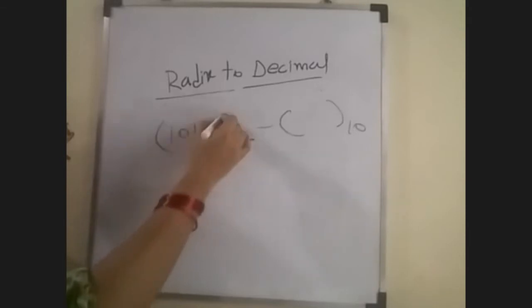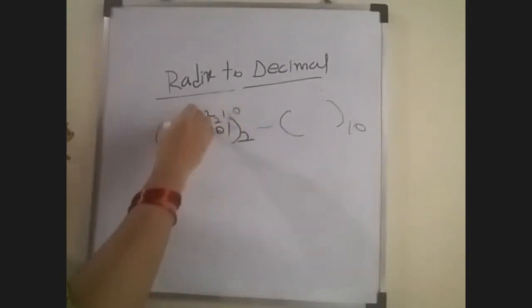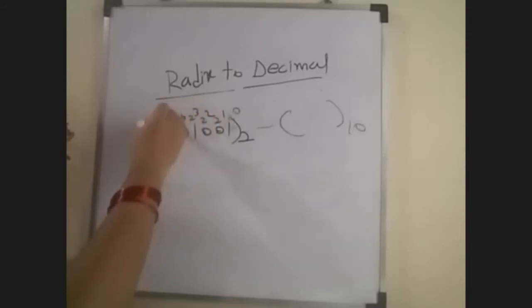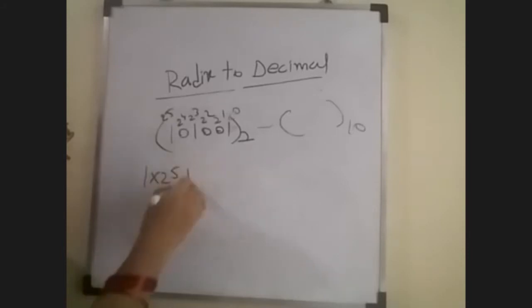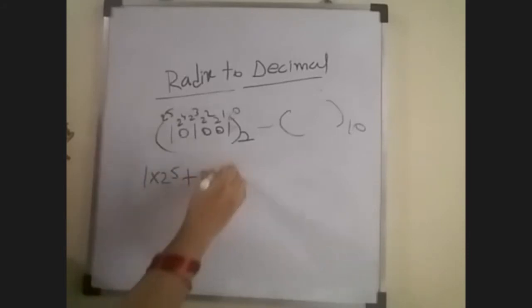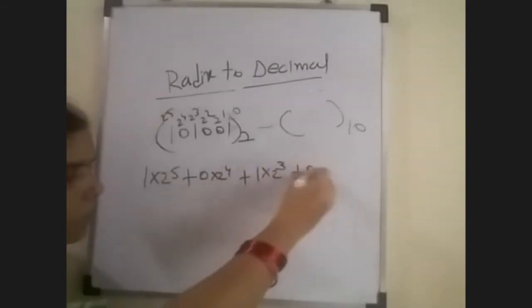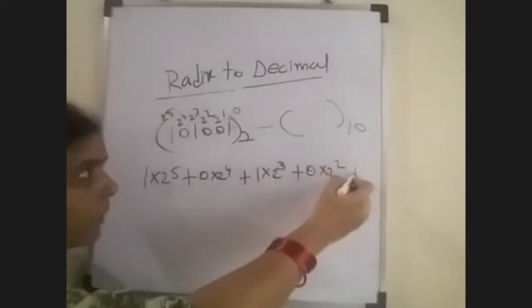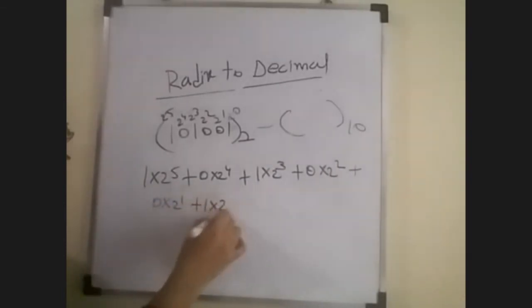So 2 power 0, 2 power 1, 2 power 2, 2 power 3, 2 power 4, 2 power 5. So 1 into 2 power 5 plus 0 into 2 power 4 plus 1 into 2 power 3 plus 0 into 2 power 2 plus 0 into 2 power 1 plus 1 into 2 power 0.